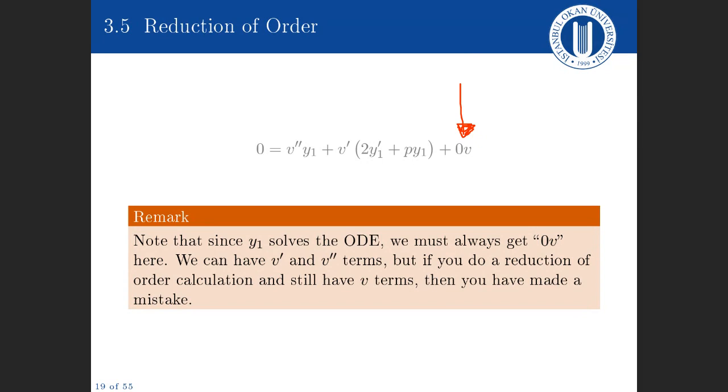Because y1 solves the differential equation. It's okay to have v prime terms and v double prime terms in our equation, but we must not have any v terms left. If you don't get a 0 here, if you get something else, then you know you've made a mistake in your calculation. Please remember that when you do reduction of order, you must always have a 0 just here.